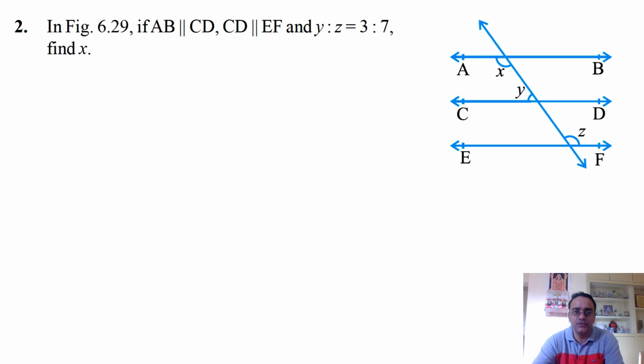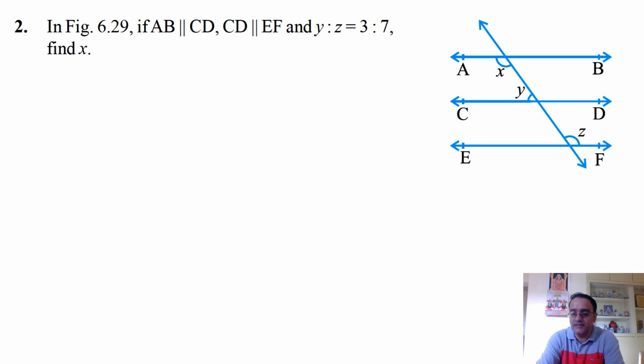In figure 6.29, if AB is parallel to CD and CD is parallel to EF and y is to z is equal to 3 is to 7. Okay, so in the question it is given that AB is parallel to CD and CD is parallel to EF. So we conclude that AB is also parallel to EF. Why?